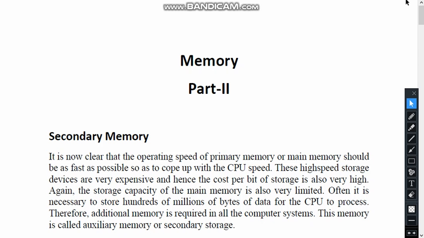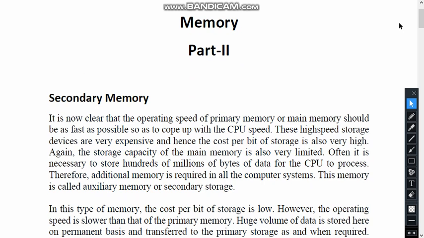If you remember, the operating speed of the primary memory or main memory is as fast as possible to cope up with the CPU speed. These high-speed storage devices are very expensive and hence the cost per bit of storage is also very high in the case of your primary memory. The limited size of the main memory is also one of the reasons for the development of the secondary memory.